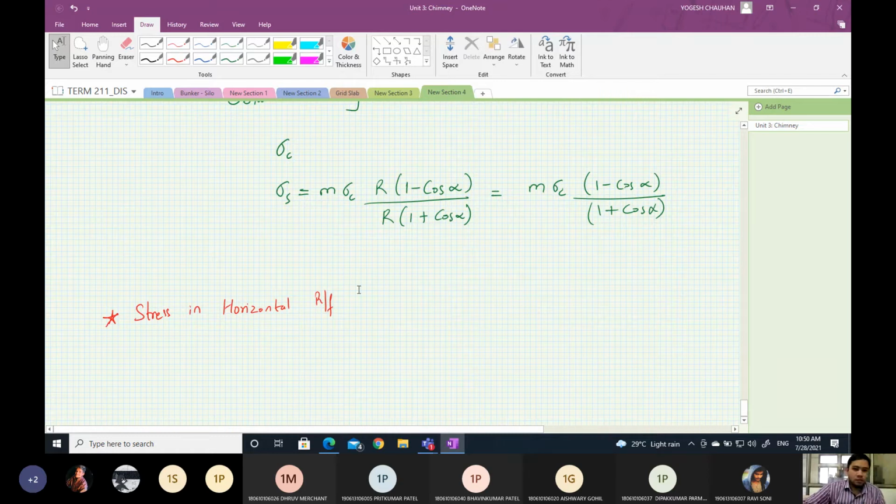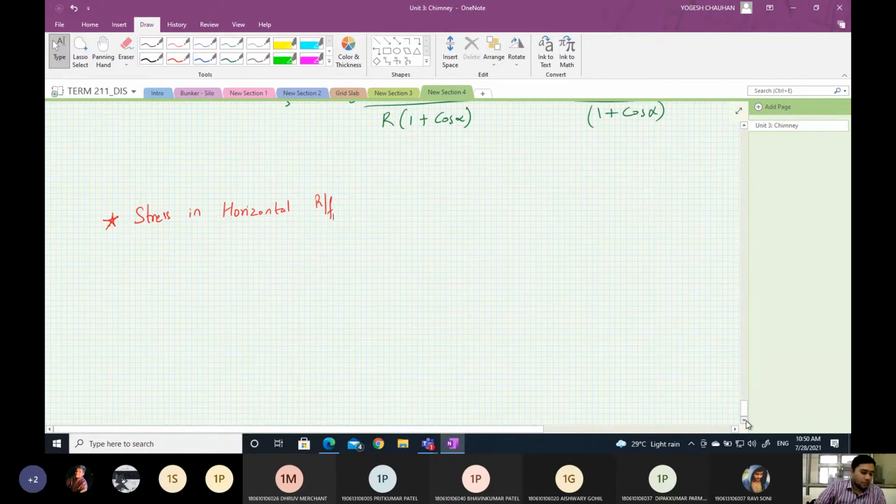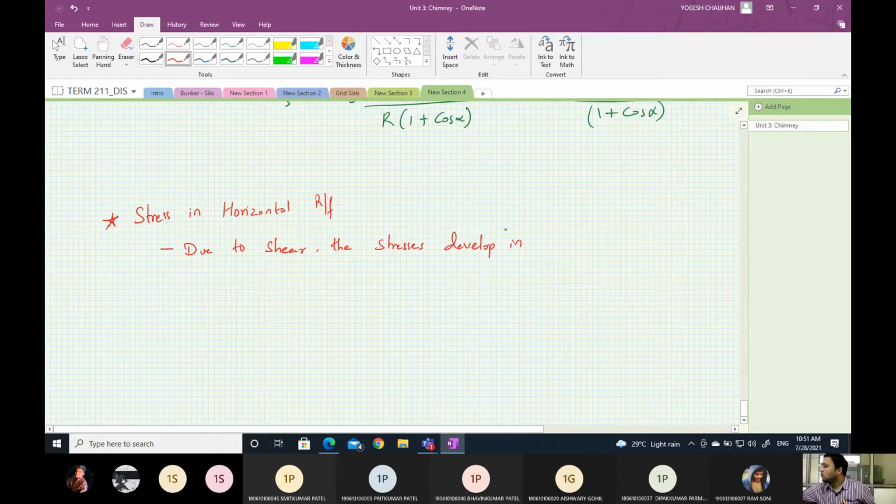Now the stresses in the horizontal reinforcement are produced due to the shear. So due to shear, the stresses develop in horizontal reinforcement.